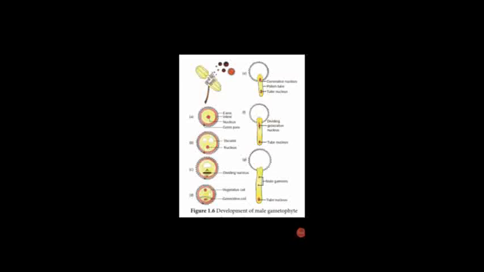Dear students, see the diagram. That E diagram only is showing the proper pollen grain. A is also showing the pollen grain, which is oval in shape.